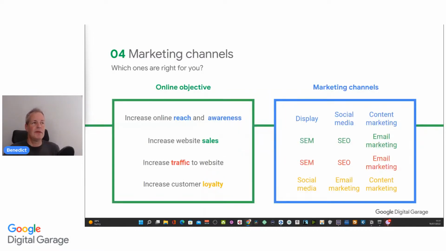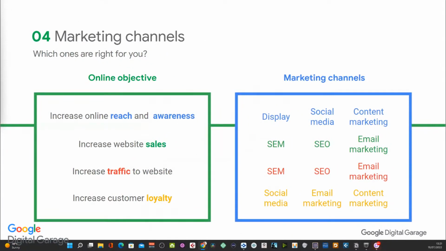Marketing channels: which ones are right for you? To give you an example, for increase online reach and awareness, we're suggesting display marketing, social media, content marketing. Increase website sales: search engine marketing, search engine optimization, email marketing.